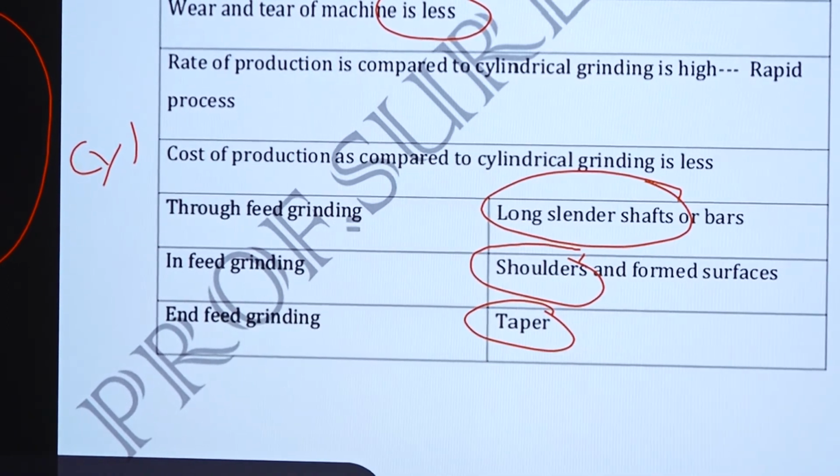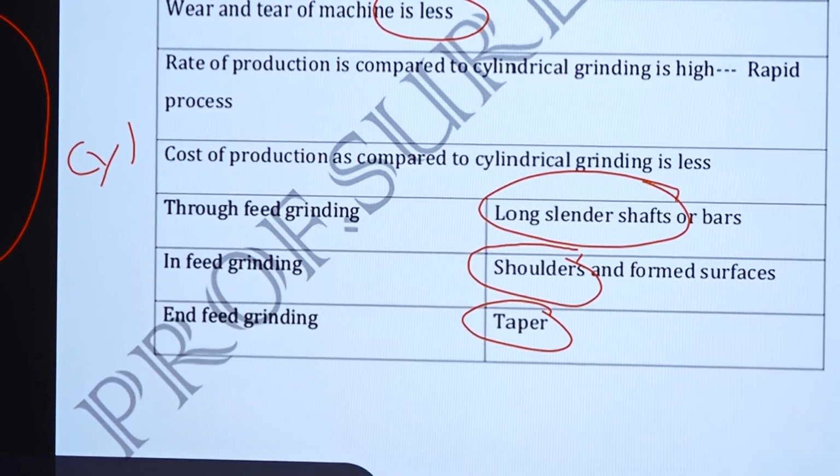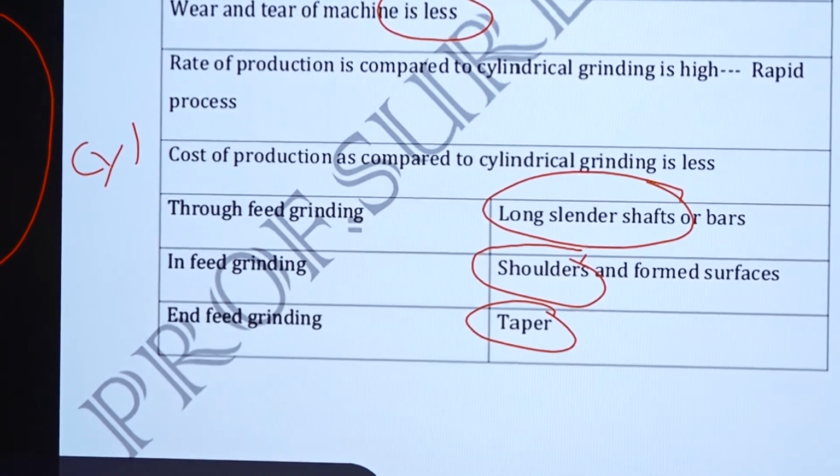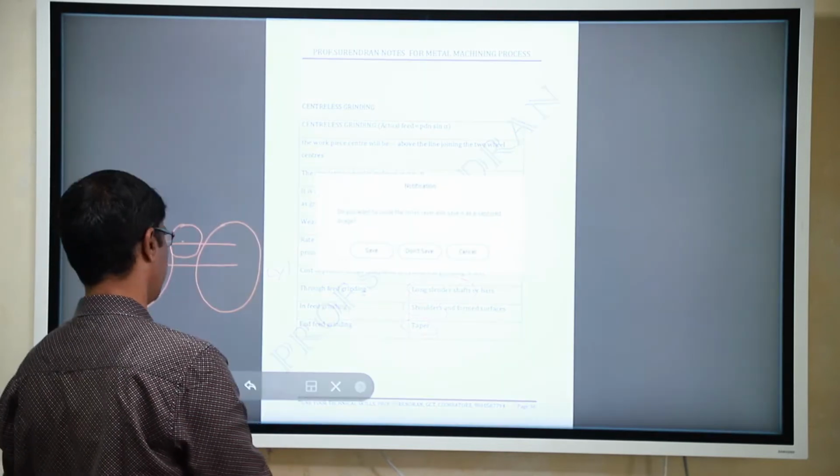Through feed grinding is for long slender shafts, in feed grinding is for shoulders and formed surfaces, and end feed grinding is for taper surfaces.